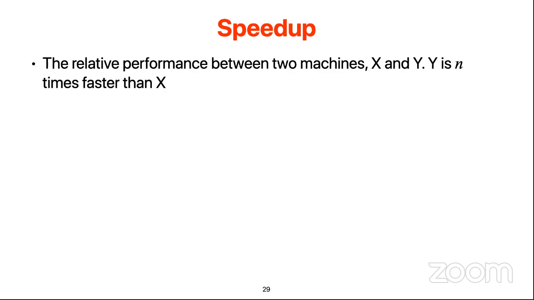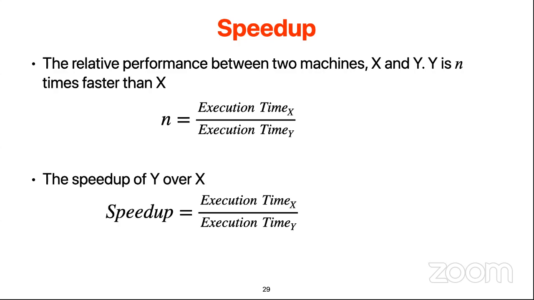And speedup. I still see people asking, okay, what's the speedup? There's only one definition in this class. If we say Y is n times faster than X, the speedup of Y over X is always the execution time of X over the execution time of Y. You can replace Y and X with anything.